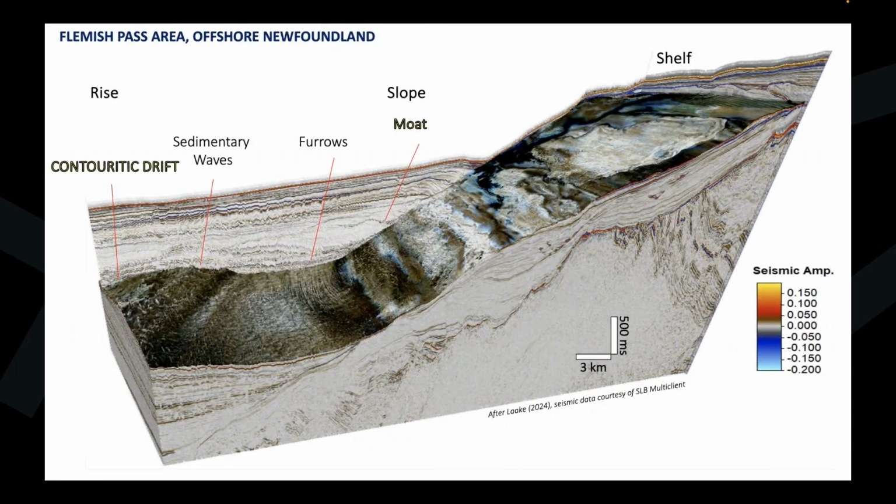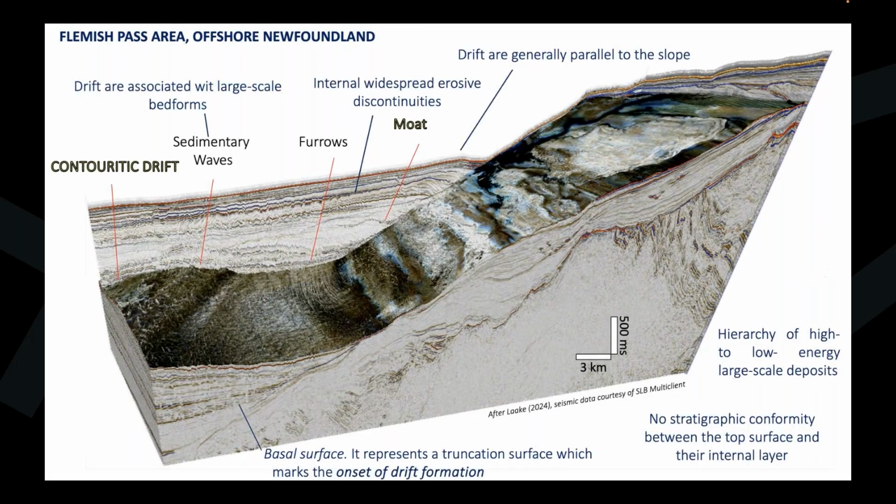What about the criteria? Here you have this nice example from Newfoundland, and there are some basic criteria. For example, drifts in general are parallel to the margin, parallel to the irregularities. Internally, there is an upslope migration of the deposits. Normally, there is a key or basal surface that usually is an erosional surface.